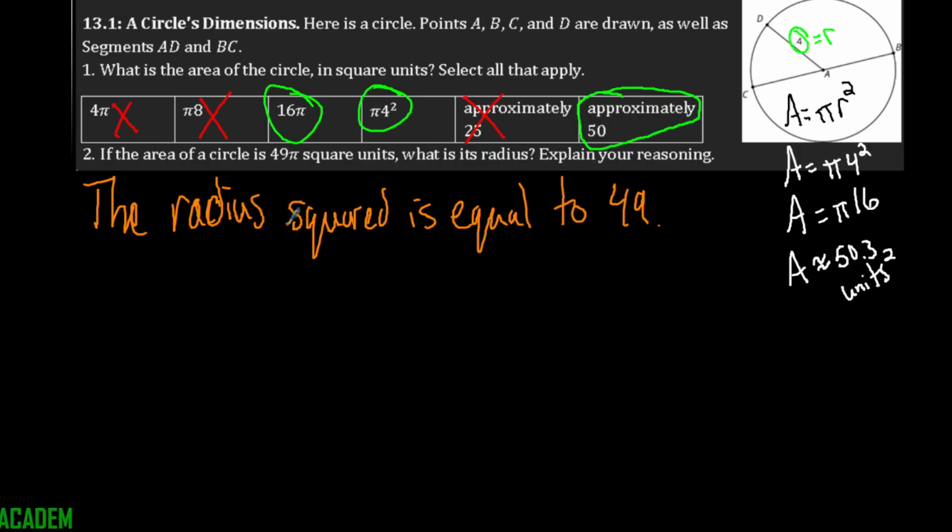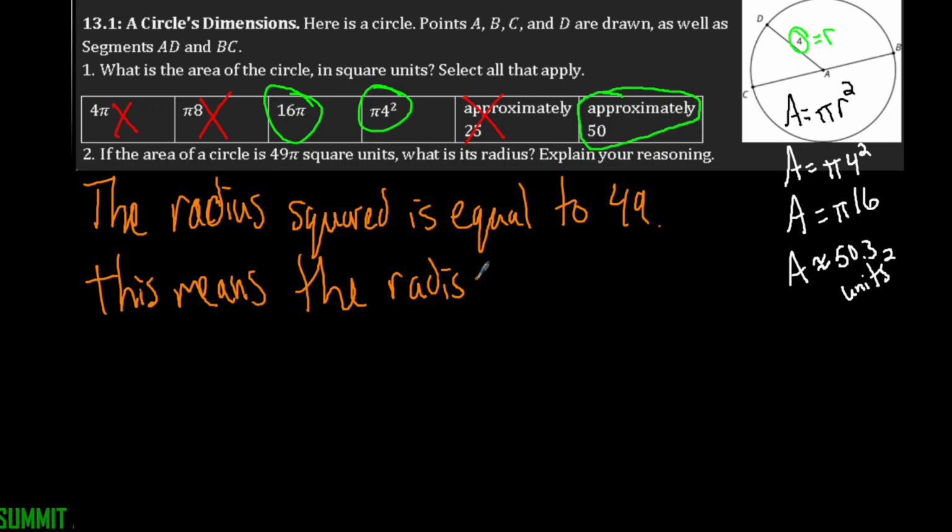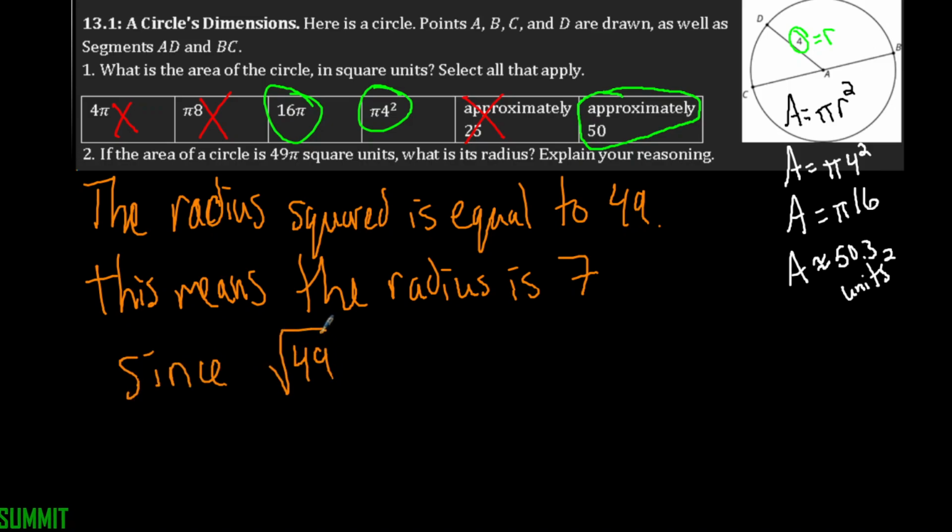So if the radius squared is 49, this means the radius is 7, since if we take the square root of 49, the square root of 49 is equal to 7. So again, if you ever need to work backwards, make sure you can use those steps logically.